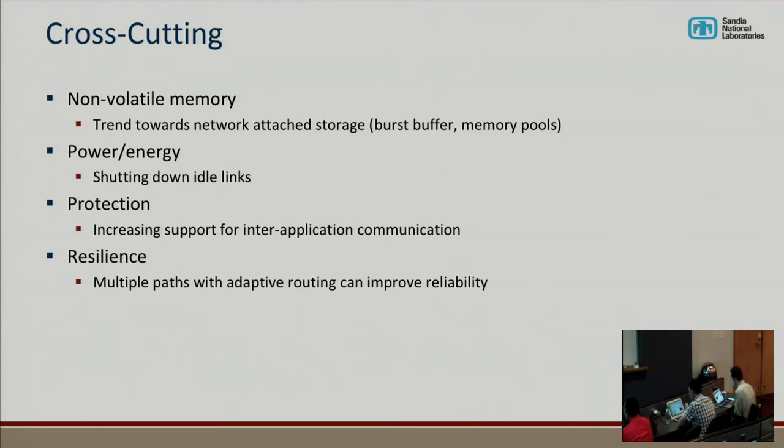Burst buffer, memory pool. There's lots of interesting work going on in the network interface community now, because people want to build systems that have large pools of non-volatile memory and be able to access it with a load-store kind of paradigm. That leads to some interesting issues with the way the network-attached capabilities are. So there's still lots of work going on in that area.